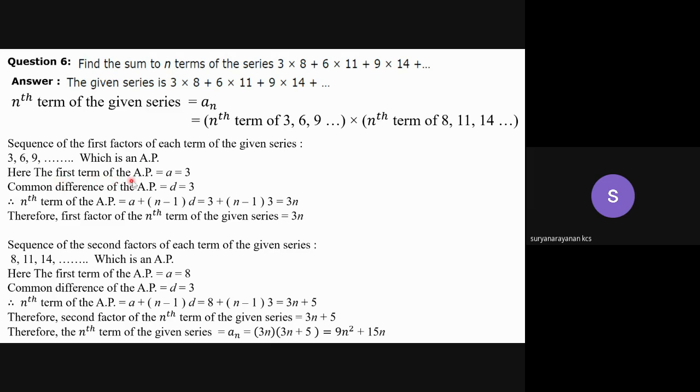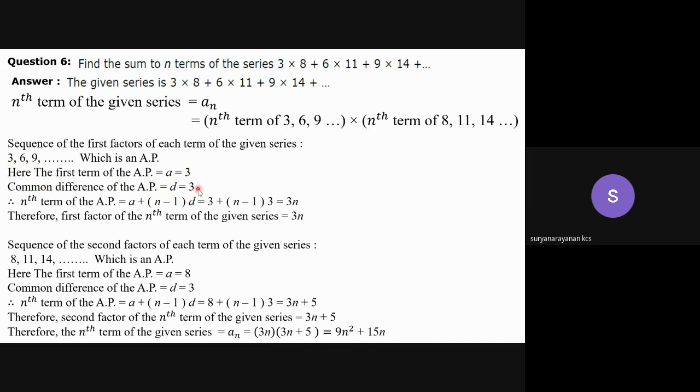So here, what is the first term? The first term of the arithmetic progression, that is A, is equal to 3. And the common difference of the arithmetic progression, that is small letter d, how do you find it? Second term minus first term, or third term minus second term.